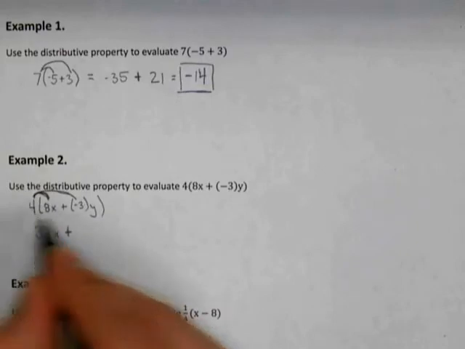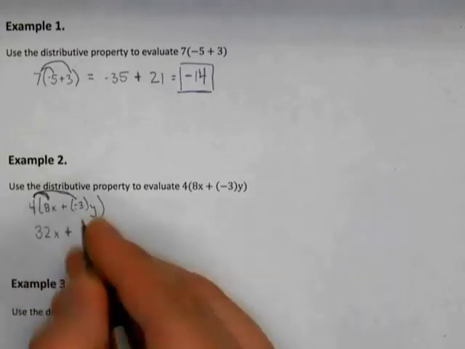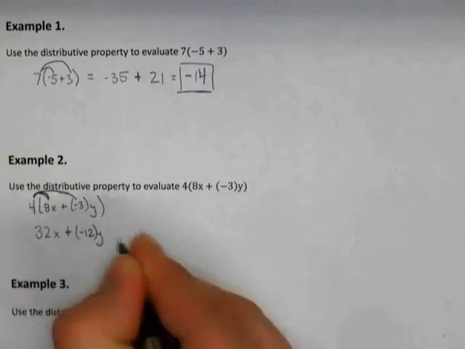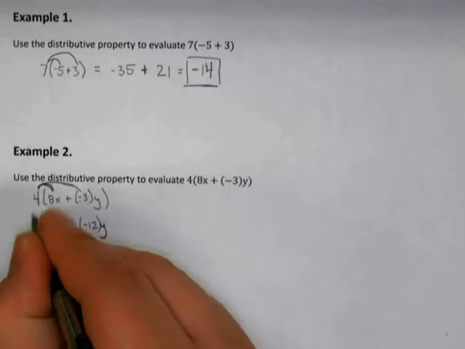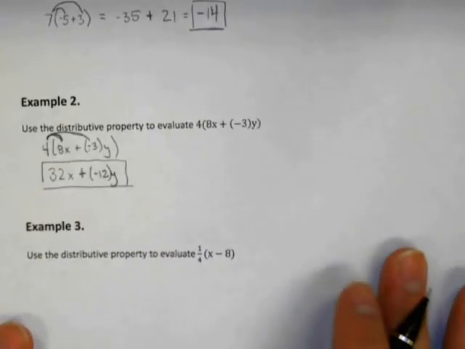Again, that's just like 4 times negative 3 times y. So 4 times negative 3 is a negative 12y. Okay, and now we have it simplified. This is completely simplified. Now if we had one value, we could go in and solve it even further. But this is all I'm expecting right here. That's it. It's simple.